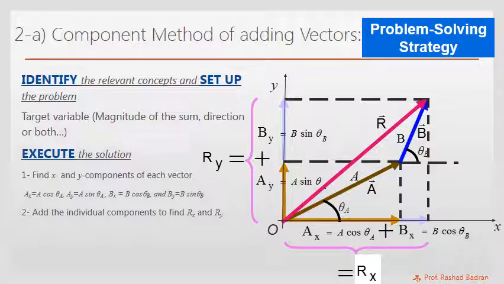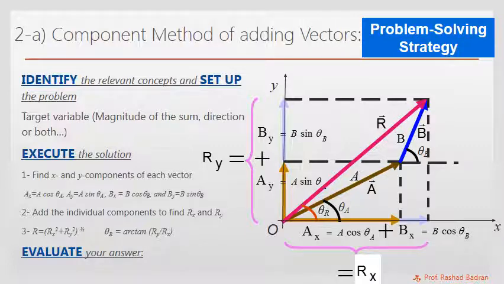Now, next, we can apply the Pythagorean theorem to find the magnitude of the resultant vector, and the corresponding angle can be obtained by tan inverse of Ry divided by Rx. In such a case, we can substitute all the values and evaluate the answer, and then we can compare the answer with the earlier estimate made by the geometrical method.